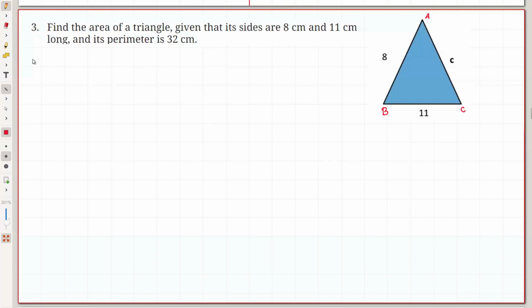Given sides are 8 centimeter and 11 centimeter. Next, perimeter is given: perimeter is equal to 32 centimeter.